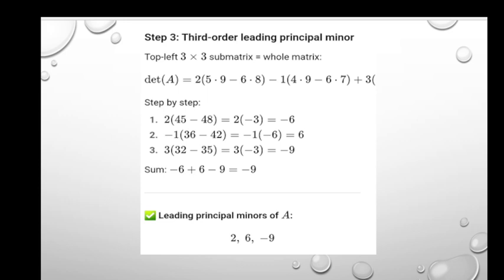That we wrote here: third order leading principal minor, the whole 3 by 3 matrix. We have to find the determinant of A, the given matrix. When we find it, we will get minus 9. So leading principal minors of A are 2, 6, minus 9. 2 is the first order leading principal minor, 6 is the second order, and minus 9 is the third order leading principal minor.